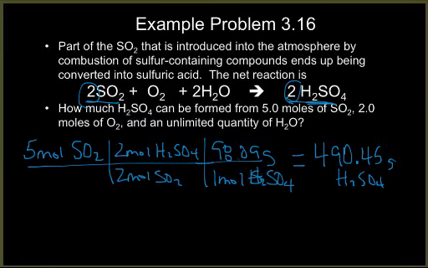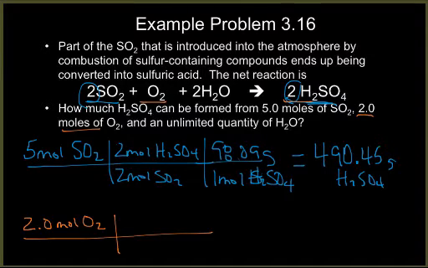Then I'm going to do another calculation starting with the other reactant that they gave me an amount for. This one, I have 2 moles of O2. My mole ratio between O2 and H2SO4 is 1:2, so 2 moles of H2SO4 for every 1 mole of O2.